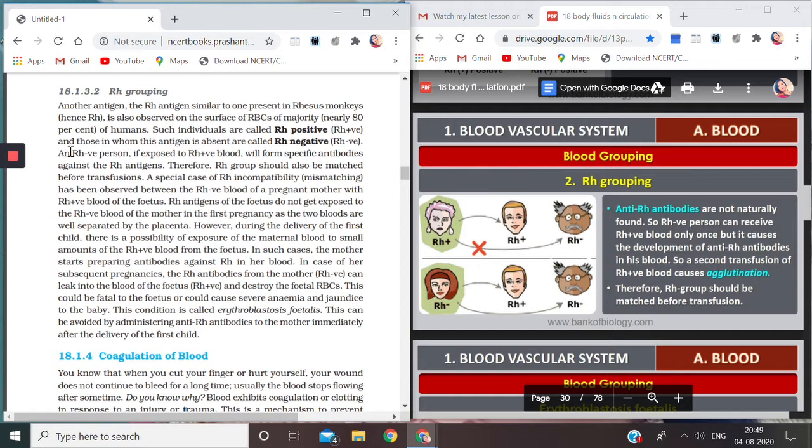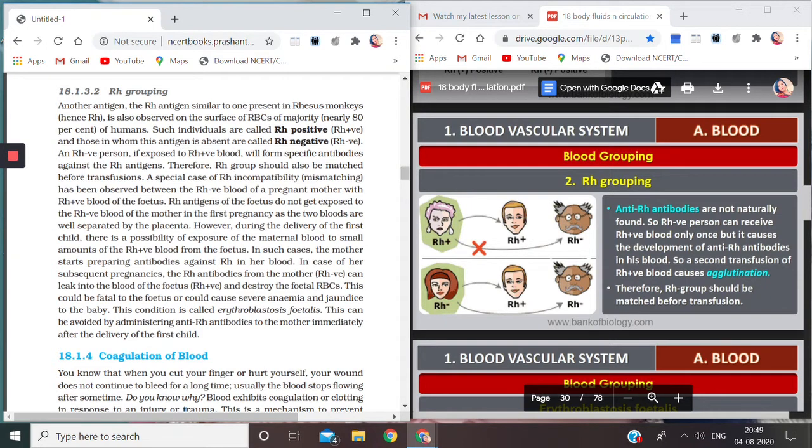This person is not having Rh factor. Now because it is not having any Rh factor, if Rh positive blood enters his body, the body will take it as a foreign substance or foreign material.